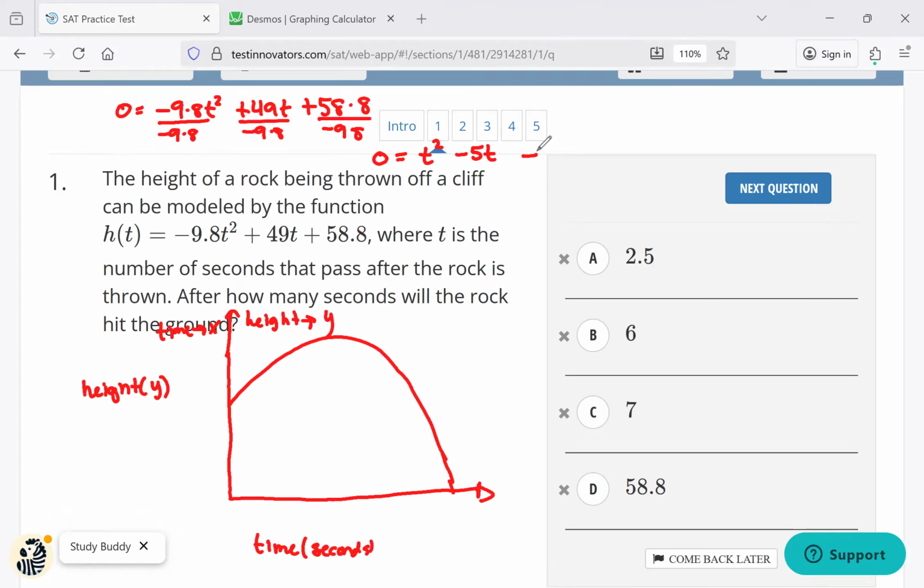If I factor this out, two numbers that multiply to -6 and add to -5 are -6 and +1. So when you solve for t, you get 6 and -1. Obviously you can't use -1 because we can't go back in time. So your answer is B.